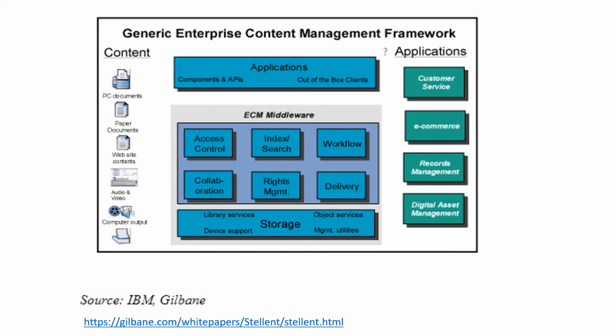Here is where the control happens. The enterprise content management is where the filters, the controlling and the access to the material take place before it is published and can be pulled out to other systems, for example whether it goes to digital asset management, record management, e-commerce and so on.